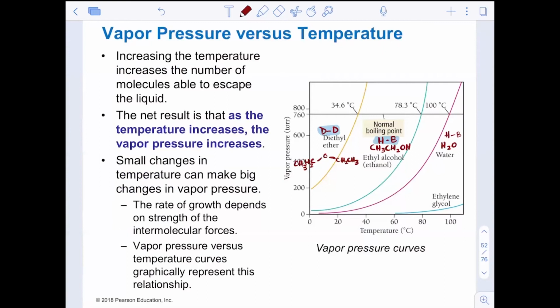Ethylene glycol is super interesting. Ethylene glycol usually is used in antifreeze. The reason for that is because it actually has 2 areas of hydrogen bonding. It's a chain with 2 OH groups there. And so it has more hydrogen bonding than water does, and so it has an even higher boiling point and an even higher melting point.